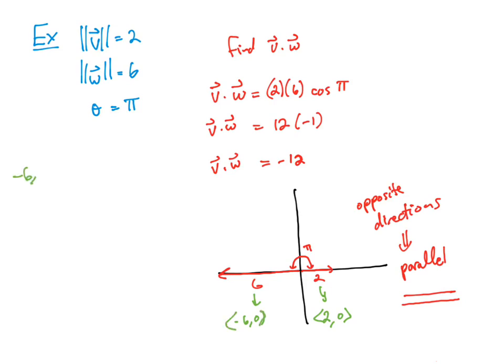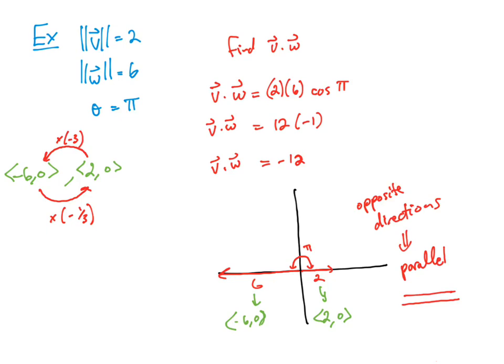If we compare these, what you may notice is that to get from the vector on the right to the vector on the left, I just need to multiply by -3. Let me back up one sec. If I'm going from the left vector to the right vector, I'm actually multiplying by -1/3. But if I'm going from the right vector to the left vector, I'm multiplying by -3.